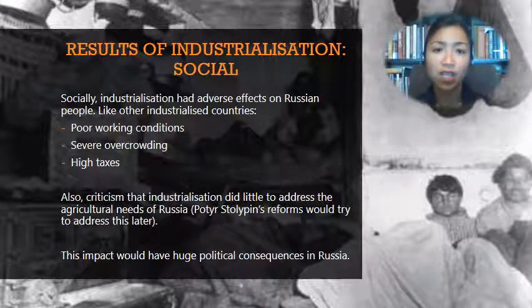Later on, Peter Stolypin, who replaced Sergei Witte, would try to address this issue with his reforms. But in the meantime, this impact is going to have huge political consequences in Russia. The economic impact, the industrialization and modernization process, came at a very high human cost.